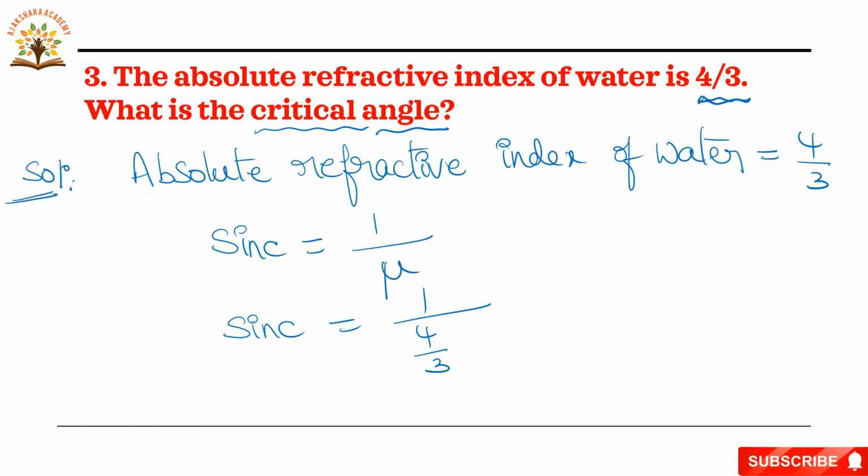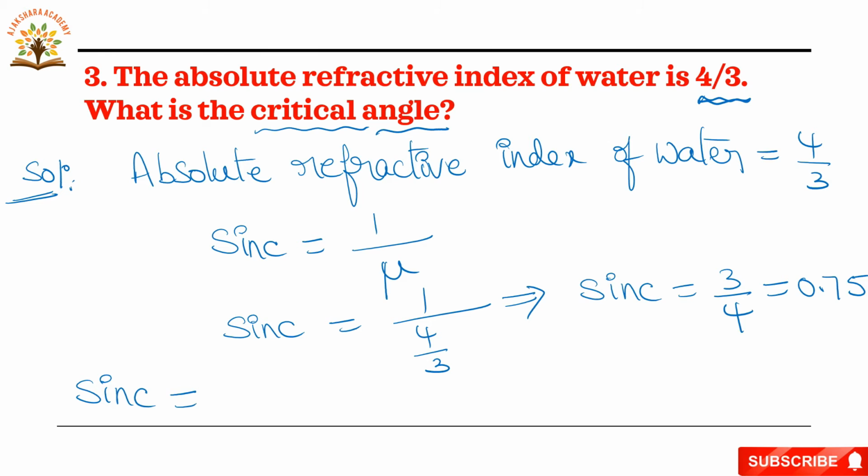So that implies sin C is equal to the reciprocal, 3 by 4, that is equal to 0.75. So this implies C is equal to sin inverse of 0.75.